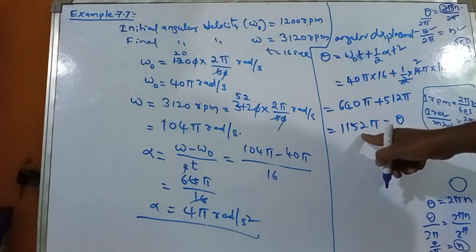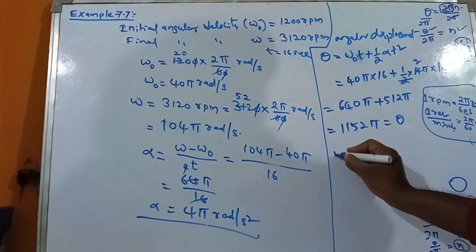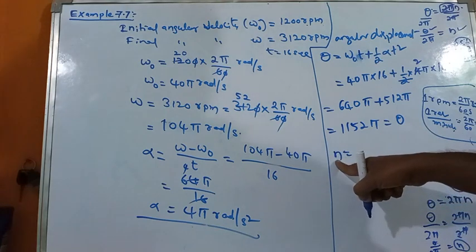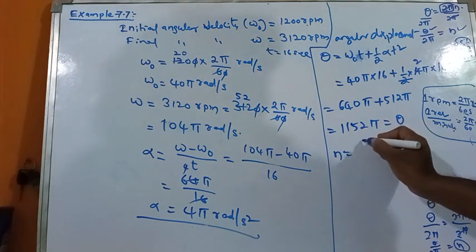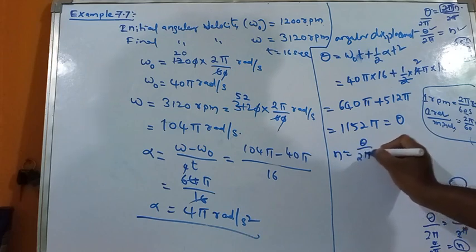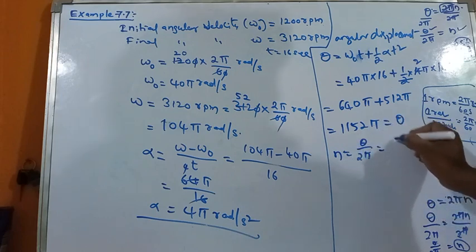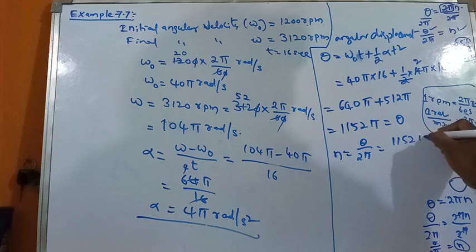Now this angular displacement theta is divided by 2 pi. Then we get the number of revolutions, theta by 2 pi, and theta is equal to 1152 pi by 2 pi.